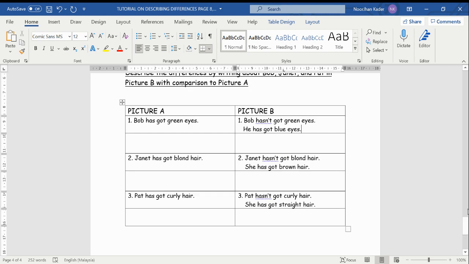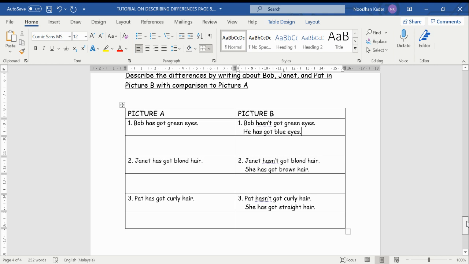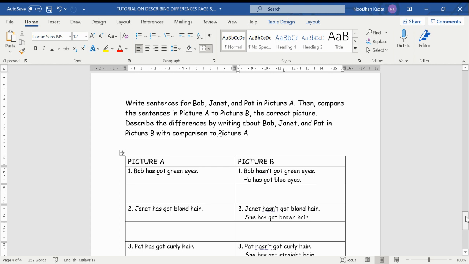So I hope this lesson will guide you in describing differences and writing about differences. This is not that easy for lower primary or elementary level, but it is one of the thinking skills that we have to brush up on.